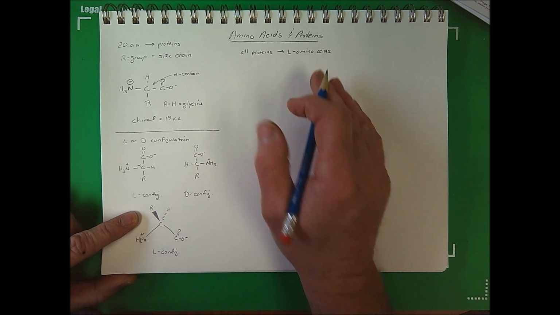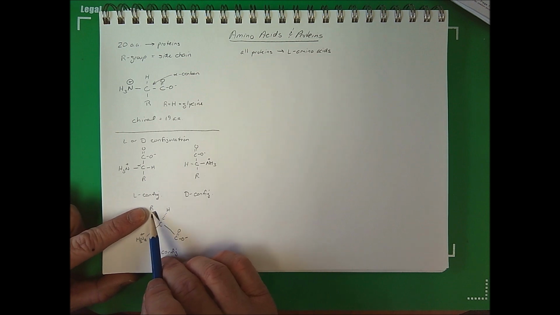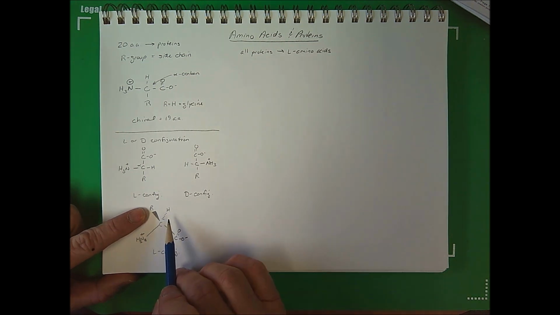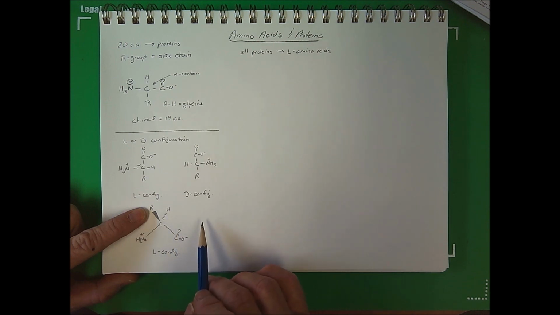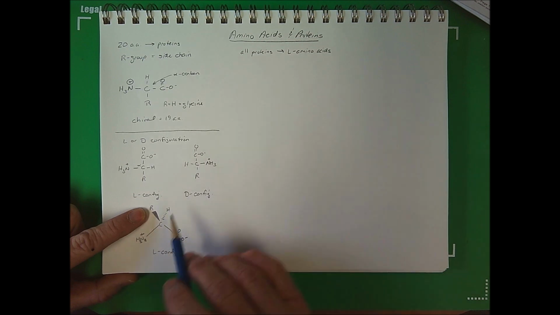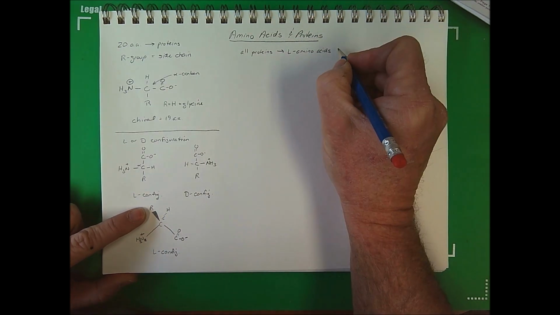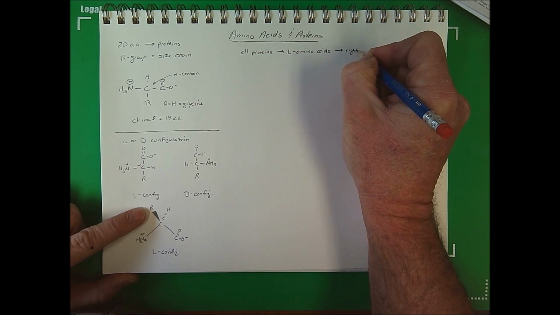The L configuration will place the R group in a certain position that it will need to eliminate steric hindrance or steric effects from the adjacent amino acid R group. And based on the R group being placed in the L configuration, this is going to generate a right-hand turn.